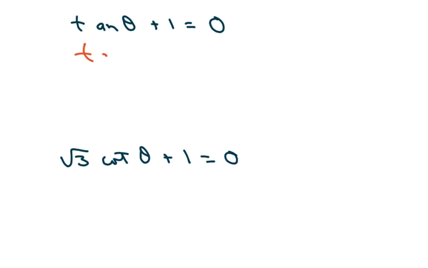And we have tan of theta equals -1. So on this one, we know that the period for tan is pi, or 180 degrees. So we're going to go ahead and put our general form. This is where k is any integer.